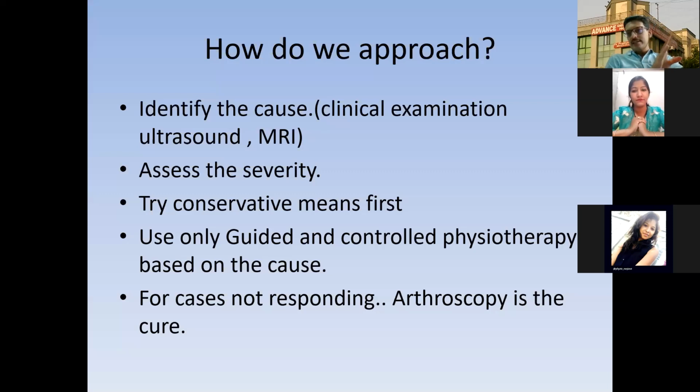But the important thing is that physiotherapy is not the same in all patients. It is a guided physiotherapy, and it should be different for different patients. Those patients who are not responsive to physiotherapy can be treated with arthroscopic surgeries.